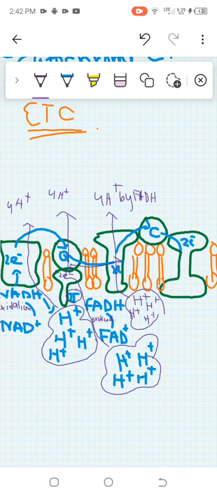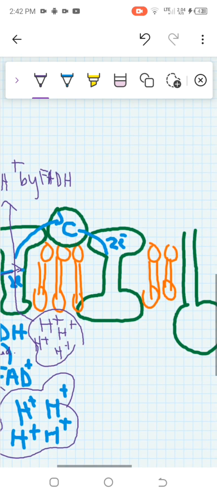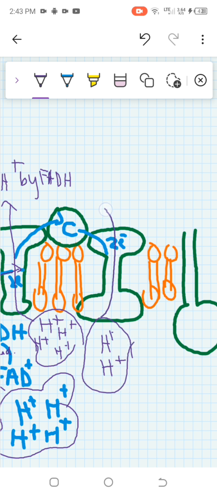Okay, so when these are released, after that here in complex number 4 we have 2 H positive ions. These are basically thrown out. Here we have 2 H positive ions by FADH, because it gained 2 electrons, which means it will throw 2 H positive ions outside.